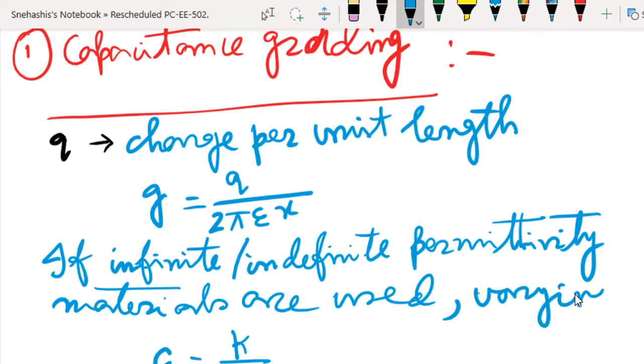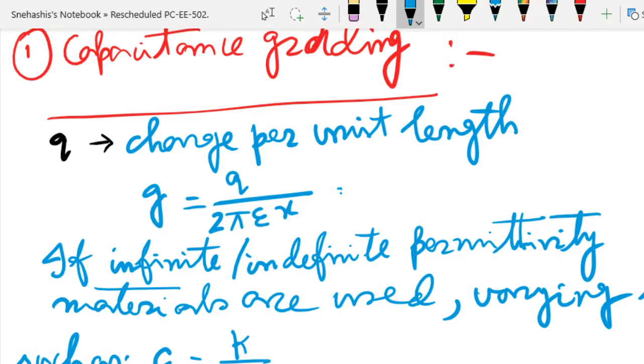then G becomes q by 2 pi, k by x into x, that is equal to q by 2 pi k, which is actually a constant, since q is a constant.